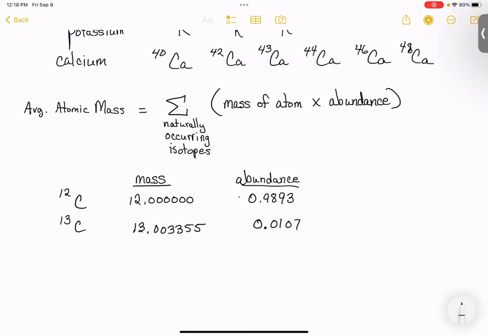So again, it's the mass of the atom times its abundance. So we're going to multiply those together.